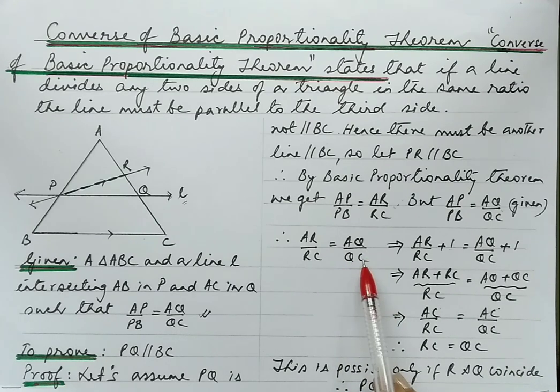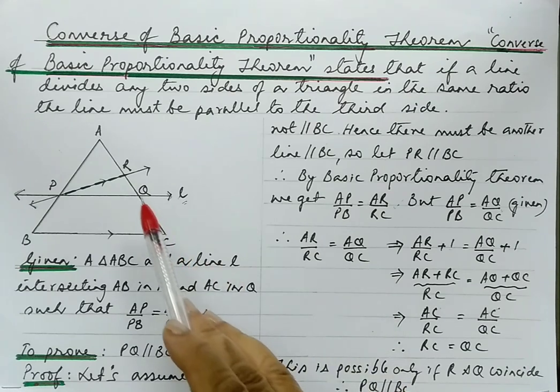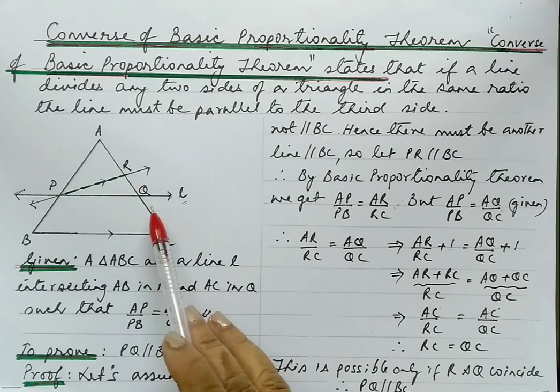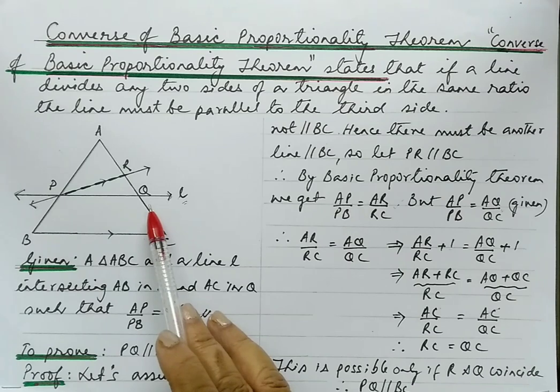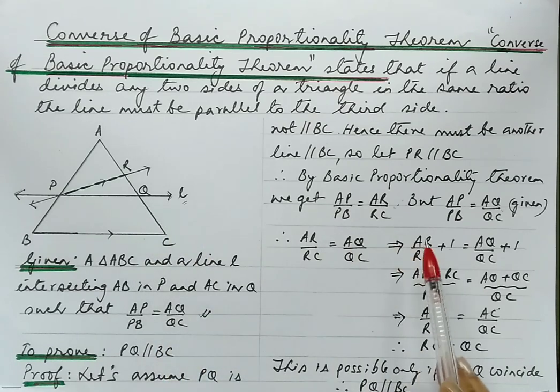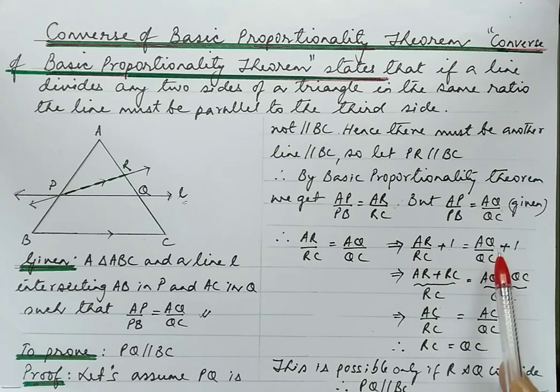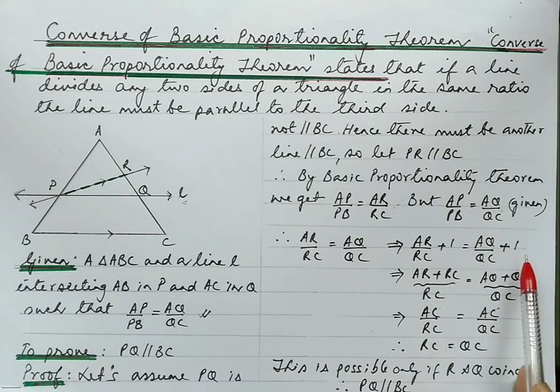Now we have to prove that R and Q must be coinciding. For that, we add 1 to both sides, to the left hand side and to the right hand side.